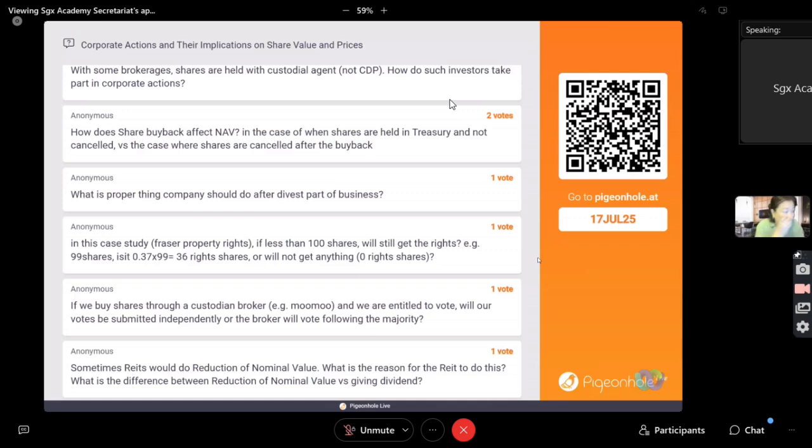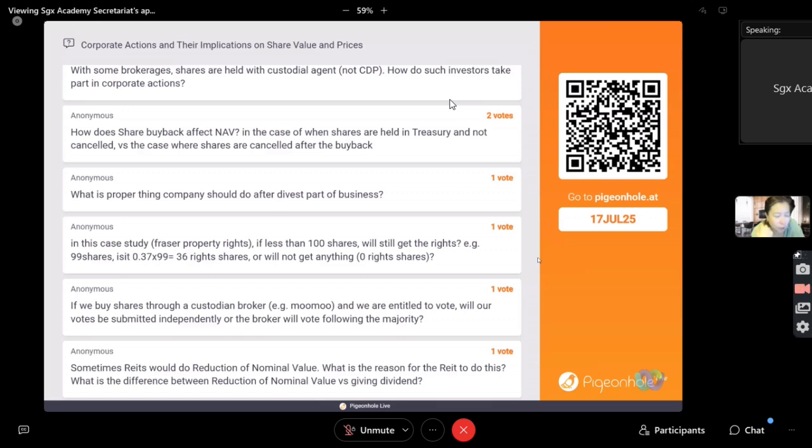Sometimes REITs will do, okay, this one I really don't know what you mean by nominal value. Reduction in nominal, what's the reason? I think what you mean here is that, say, the capital account has 100 million shares, and then they split it to 200 million shares.